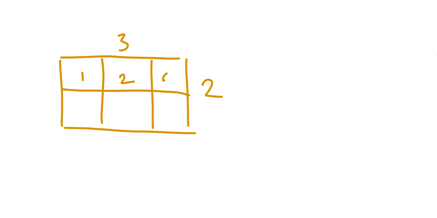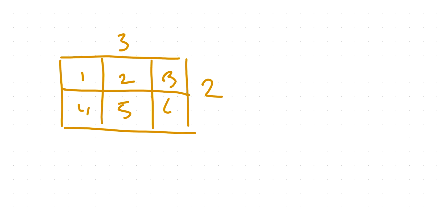So let's say we have an array here, and this array is 3 by 2, right? We can measure that by literally counting the squares, 3 columns, 2 rows. That's 1, 2, 3, 4, 5, 6 total squares. So that is an area of 6.